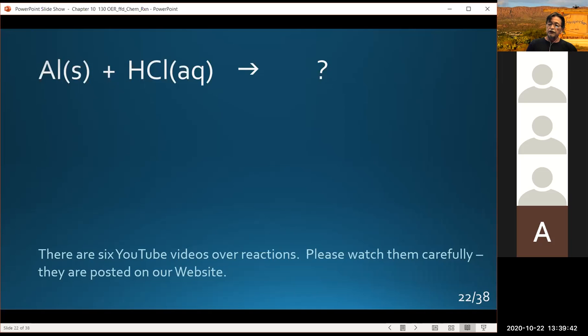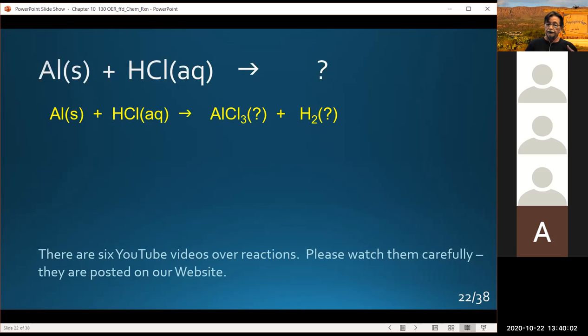And the answer is no. Therefore, the reaction proceeds. If you take hydrochloric acid in the presence of elemental aluminum, you get a reaction. And the product you generate is hydrogen gas.